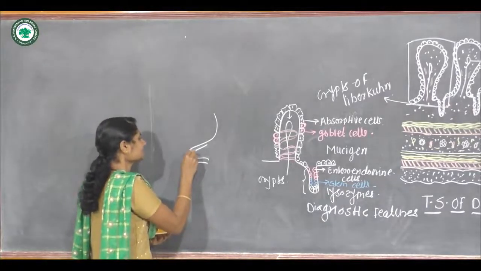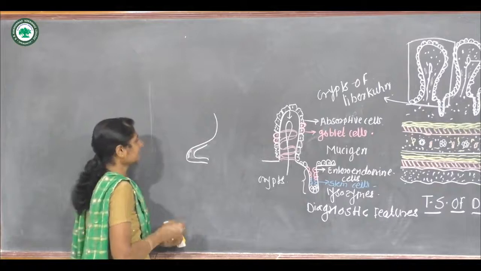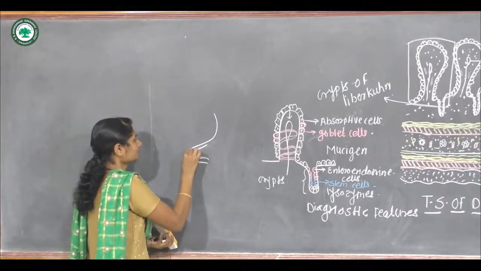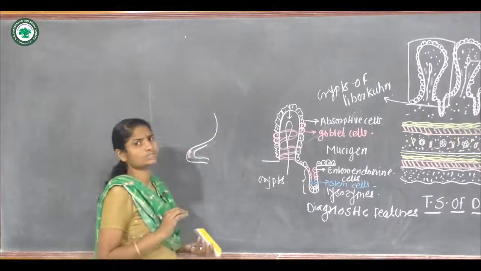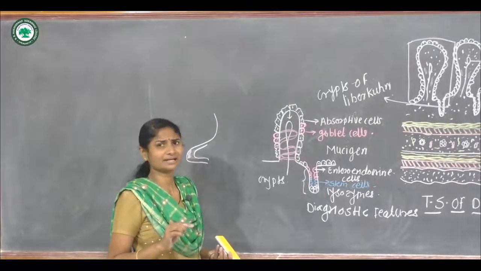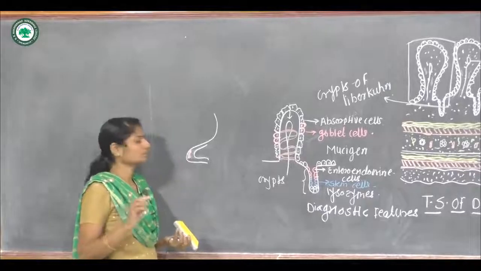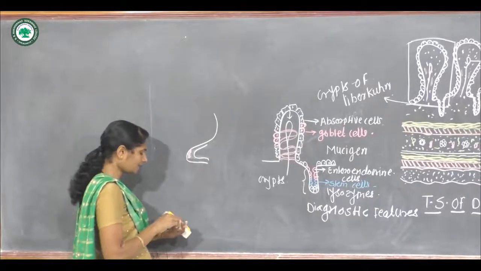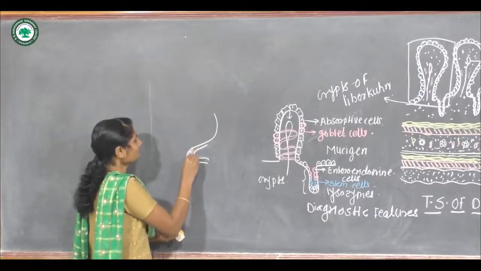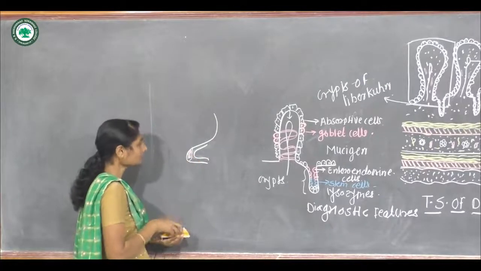Second layer is the muscularis externa layer, which shows two types of muscles, circular and longitudinal muscle. Third layer is the submucosa layer.